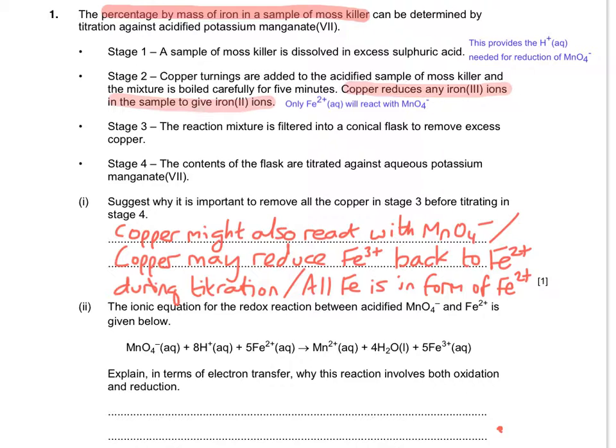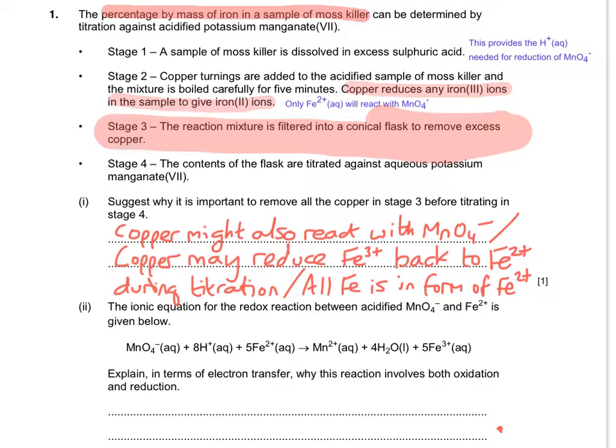It's lower down, so its electropotential is more negative. So basically the copper might also react with the manganate. The copper might also reduce any Fe3 plus formed in the titration back to Fe2 plus, which is what you don't want. And like we just suggested, all the iron is in the form of Fe2 plus before you start.